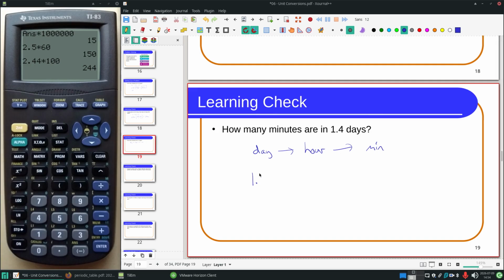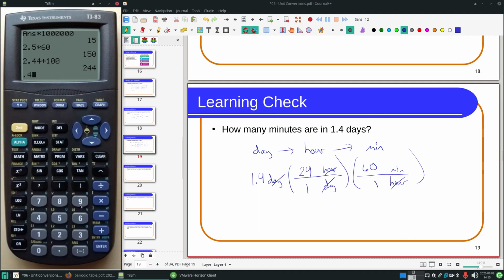And then we're going to let the calculator do all the rest. So I'll have to have a conversion from days to hours, so the days cancel out, and then a conversion that goes from hours to minutes, so the hours cancel out. And there's 24 hours in one day and 60 minutes in 1 hour.